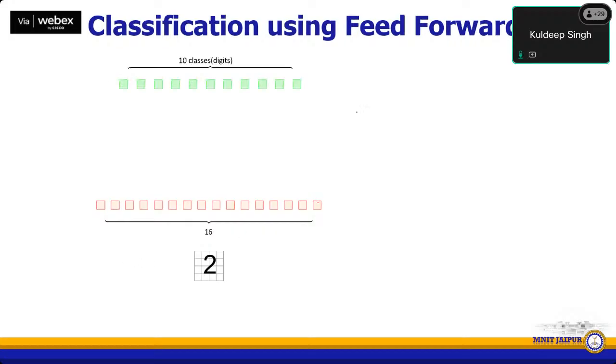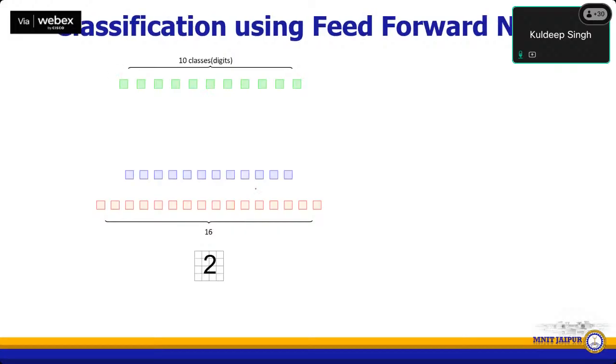Suppose the image is of dimension 4 cross 4, we vectorize it, so it will be a 16 cross 1 vector, and these are nothing but the pixels, and it's the input layer of the neural network. Then at the output we have 10 neurons, one corresponding to each class. Since there are 10 digits, 0 to 9, that's why we have 10 classes.